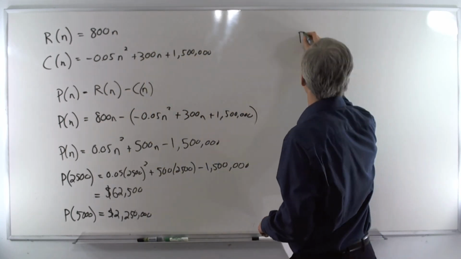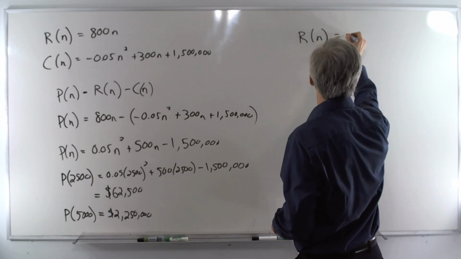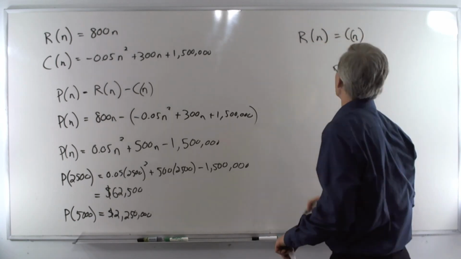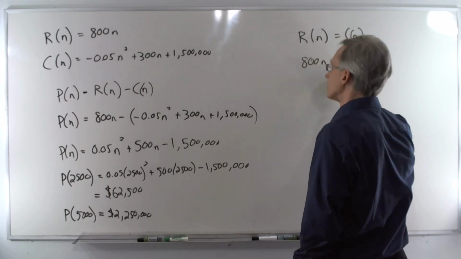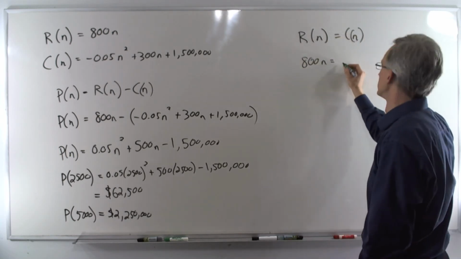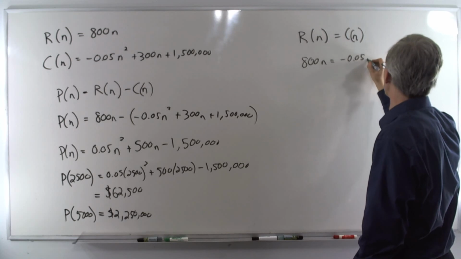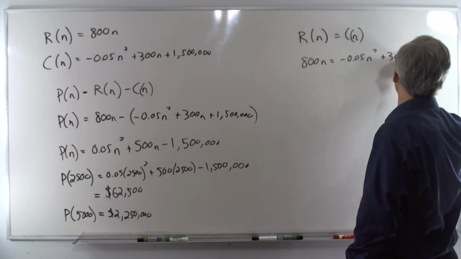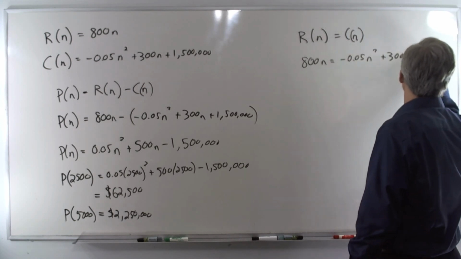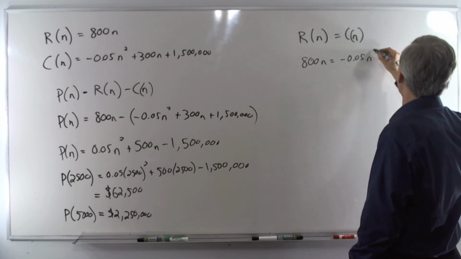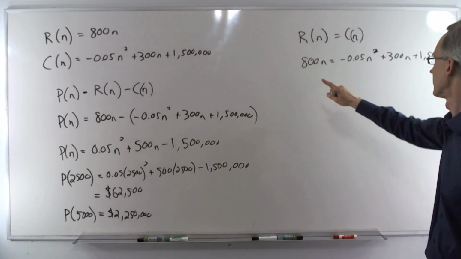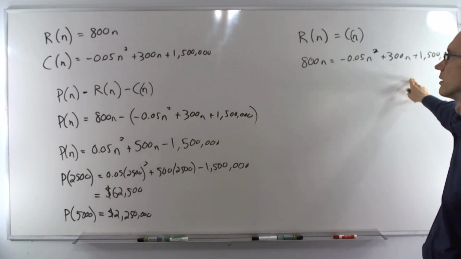So that's what we want here. We want Rn equal to Cn. So that gives us 800N equals, all right, so set those two equations equal to each other.